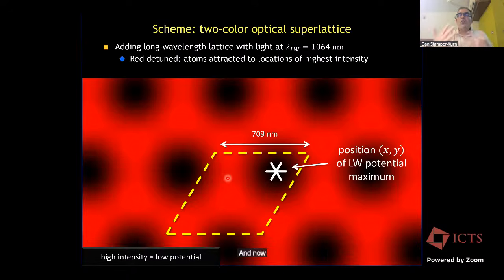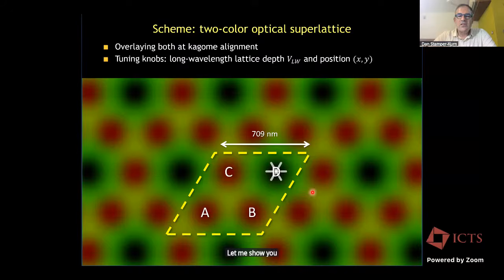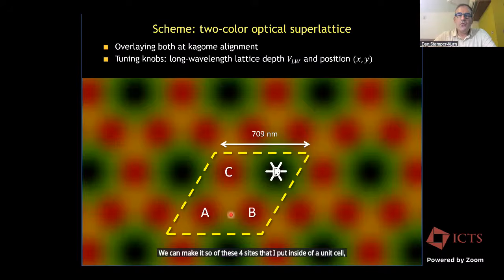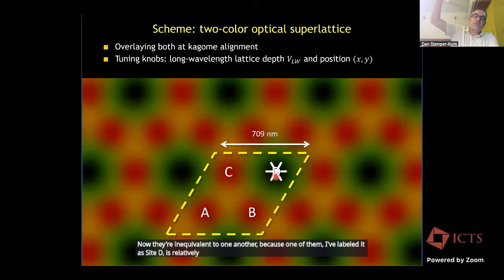And now if we overlap these two colors on top of one another, let me show you what happens. We can make it so that of these 4 sites that I put inside of a unit cell, which all were equivalent to one another when we had only the green light, now they're inequivalent, because one of them, I've labeled it as site D, is relatively raised in energy.